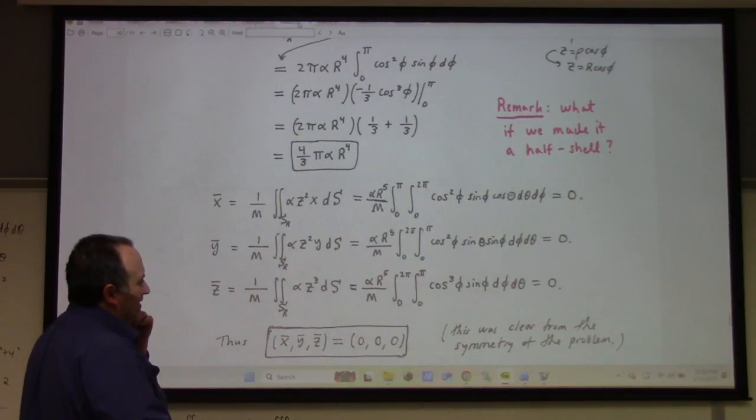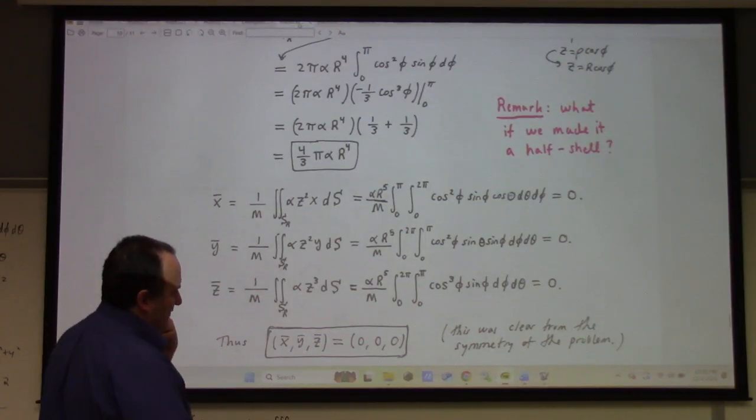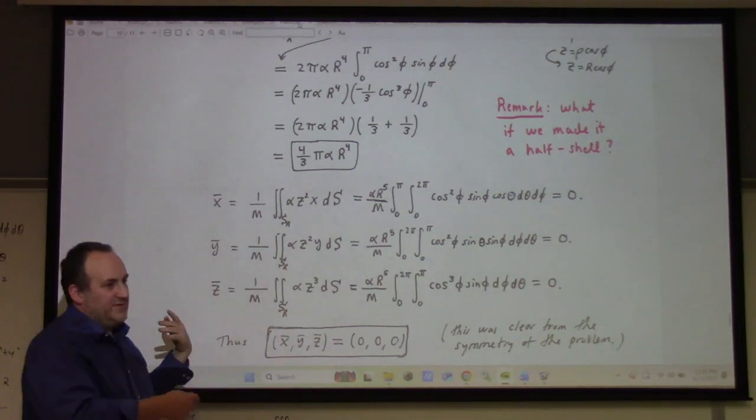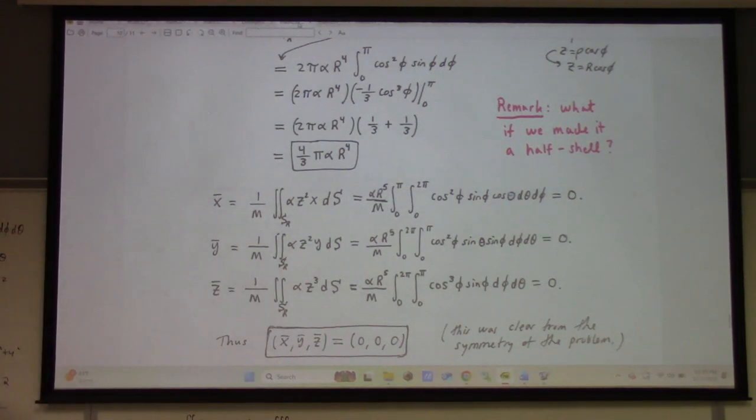Cosine cubed is like cosine theta times 1 minus sine squared theta. Then I'd have u equals sine as my substitution. And then sine of 0 is 0, but sine of pi is also 0, so the integration region collapses. Anyway, this integral works out to 0, which is obvious from the symmetry of the problem, because z squared is symmetric in the upper and lower half of the spherical shell.